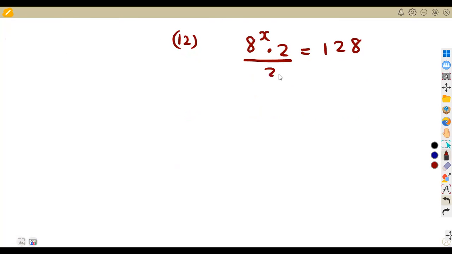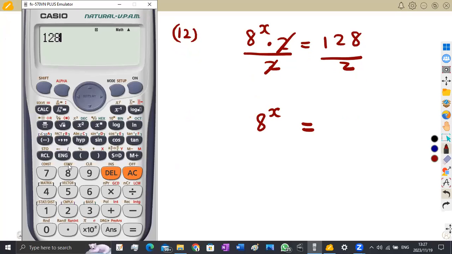So you divide this side by 2 also. This will cancel. You remain with 8 to the exponent of x, which is equal to, you obtain also a single number because you're dividing a number by a number. So that's 128 over 2, which is going to give us 64.